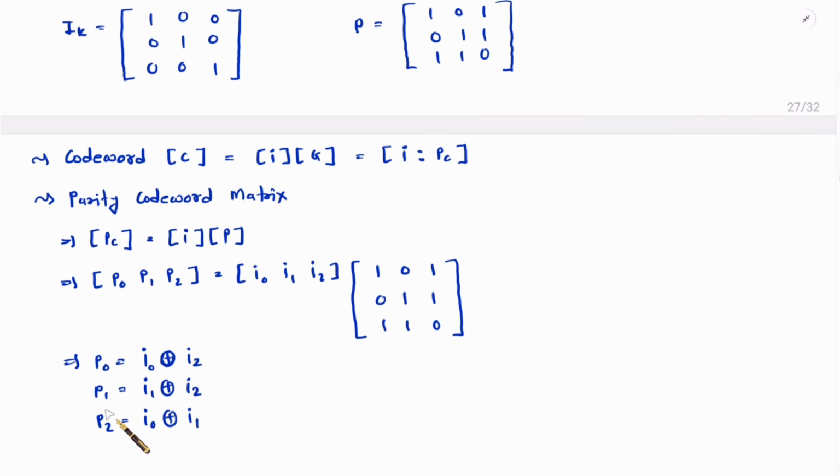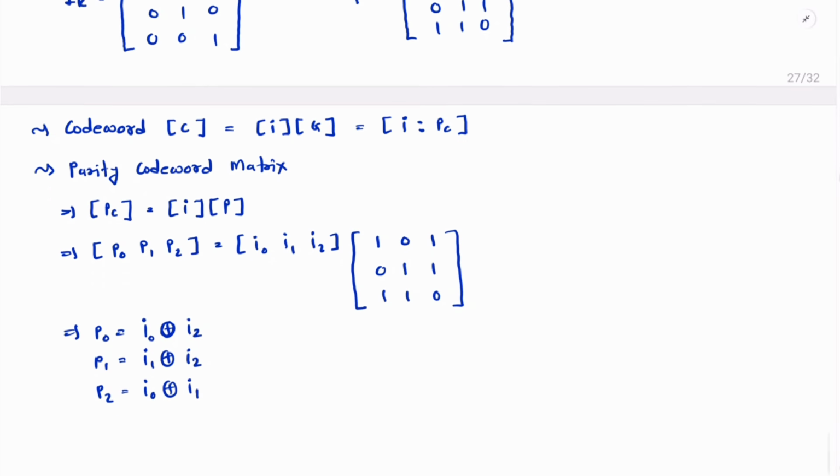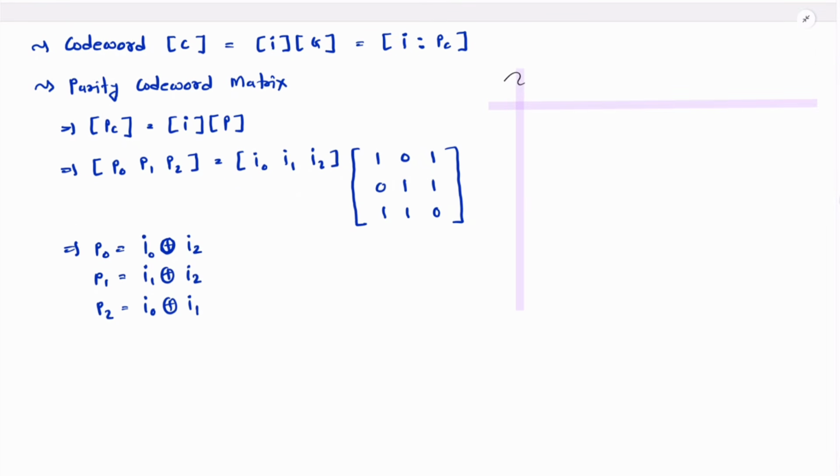Now, based on this understanding, we can generate the code word C. Let me explain that. See, here I'll be explaining the code word calculation, and here we will have the information that will be I0, I1 and I2, and you can observe with the code word we have I and PC, and PC has P0, P1, P2. So let me note down P0, P1 and P2. See, here we have 3-bit information.